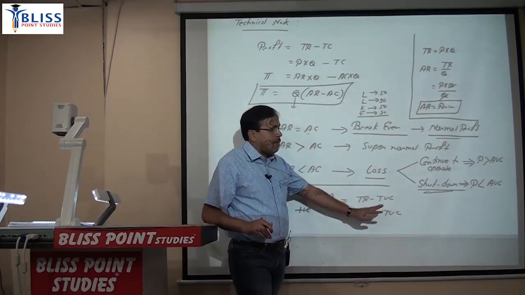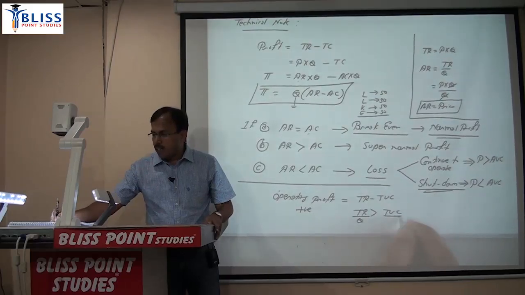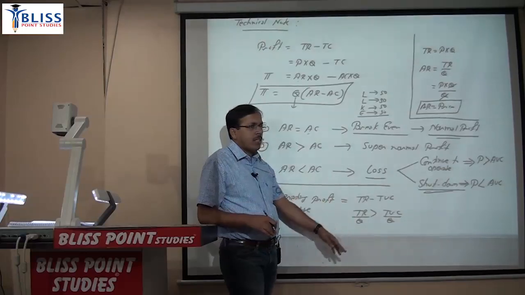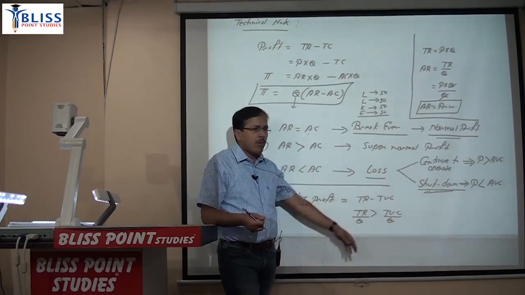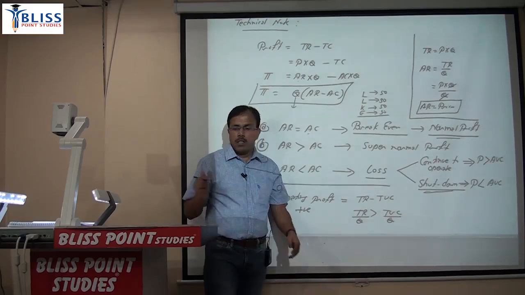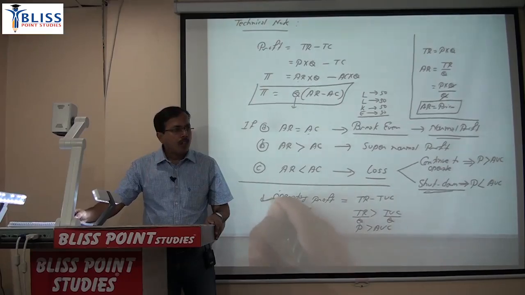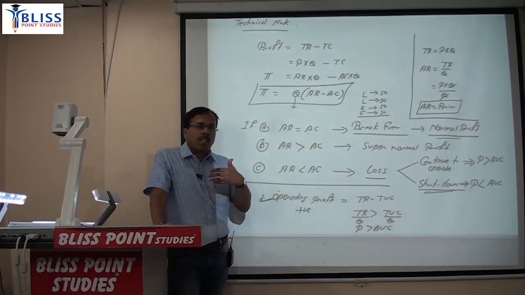If you divide both sides by quantity, then what do you get? I divided TR by quantity, TVC also by quantity. TR by quantity is AR, AR means price. And TVC by quantity is AVC. So if price is greater than average variable cost, then we have operating profit. That means there is profit in continuing the business.